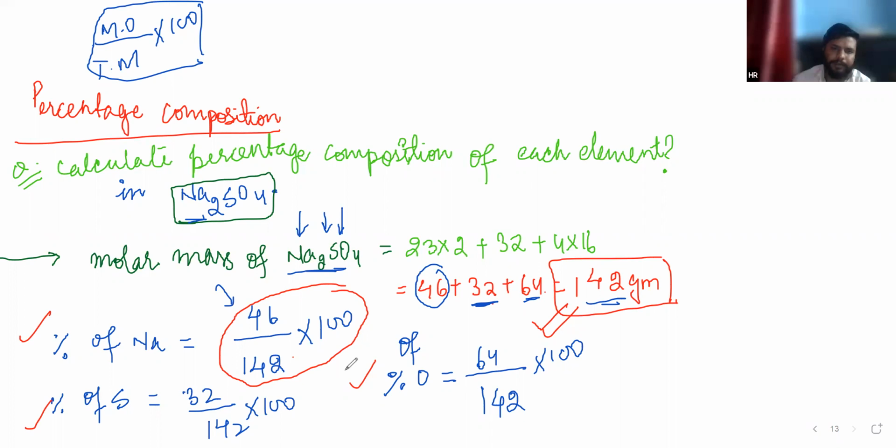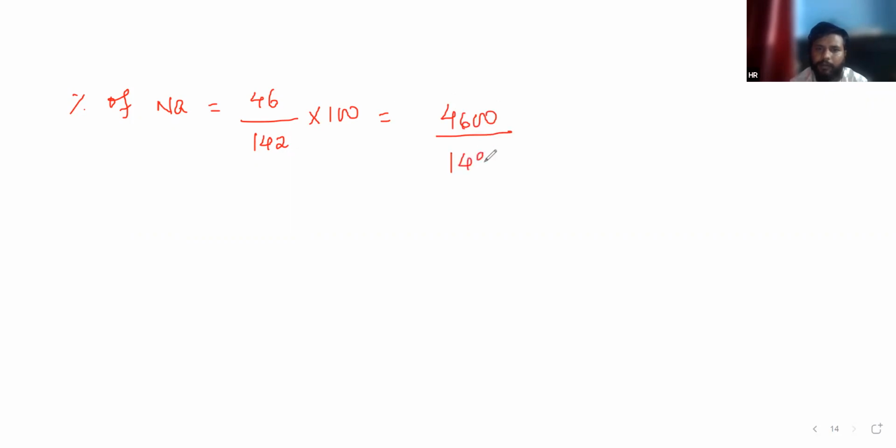Just see, for the percentage of sodium, work on your maths. 46 divided by 142 into 100 will be equal to 4600 divided by 142.